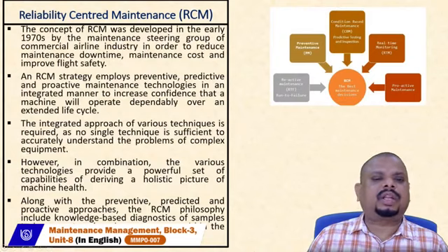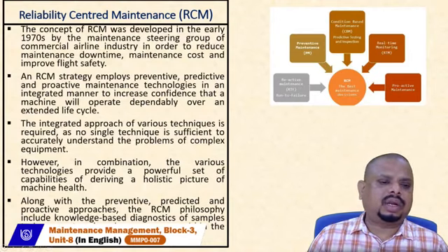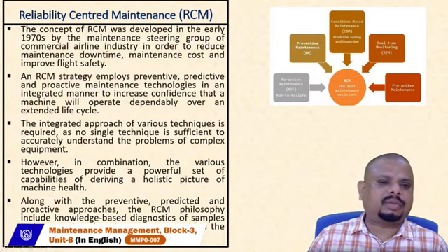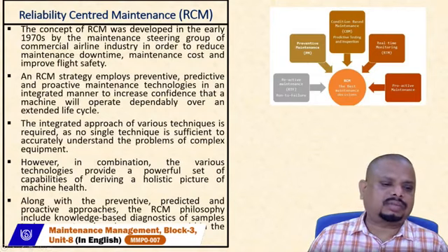If I implement preventive maintenance alone, it is not sufficient. If I implement predictive maintenance solely, it is not sufficient for an accurate understanding of the problems. By combining preventive, predictive and proactive maintenance technologies, which is known as reliability centered maintenance, the complex problems of the equipment can be easily understood.